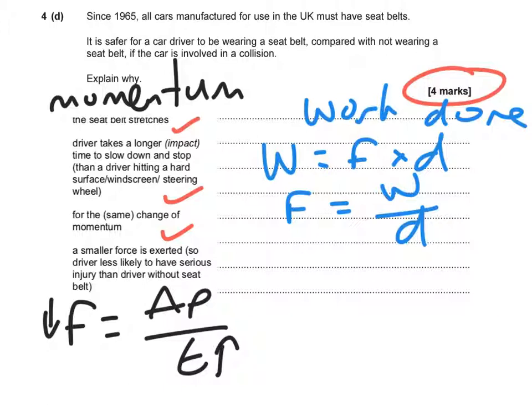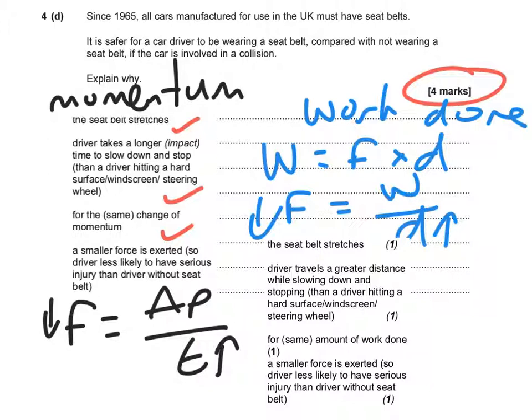By seat belt stretching, what we're doing is we're increasing the distance the driver travels. The same amount of energy is going to be transferred in the collision, so work done remains the same, but by increasing the distance we travel, we're reducing the force.